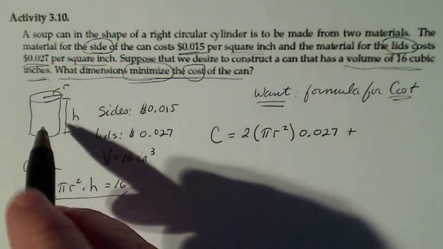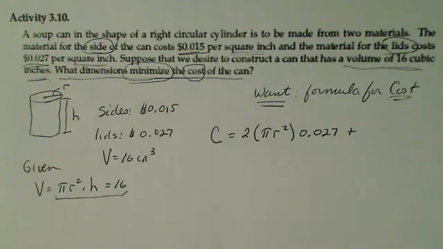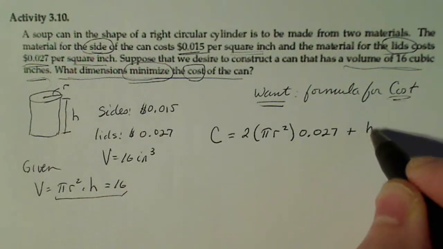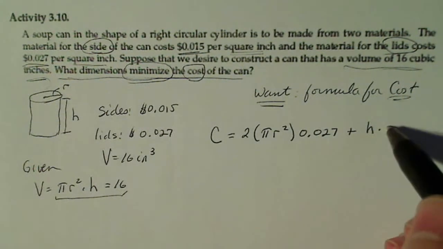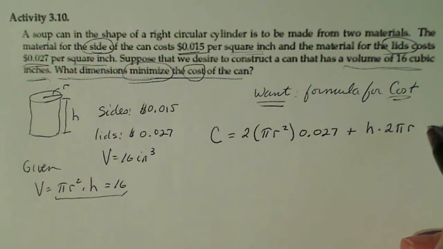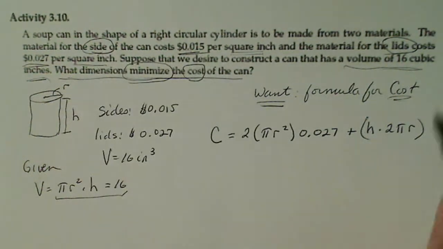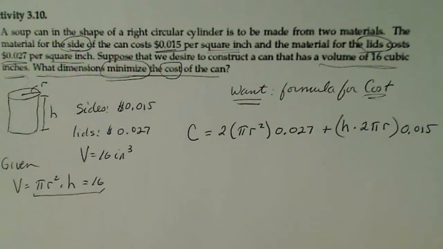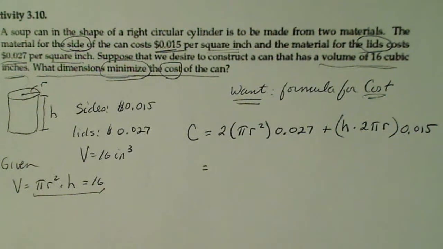And if I think of the side, remember if you cut this down the side and laid it flat, it would be a rectangle whose height is h and whose length is going to be the circumference of a circle, 2 pi r. And the square inches of the side of the can is going to cost us $0.015. That's our cost function.